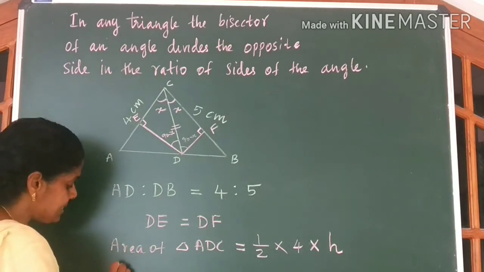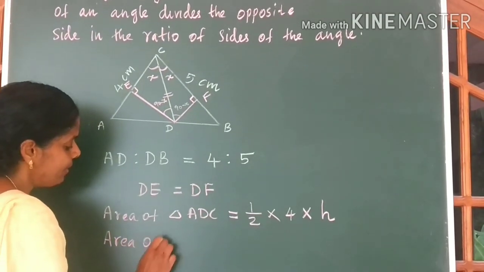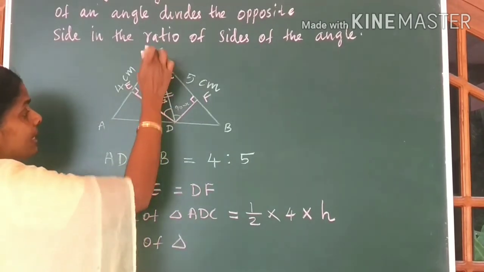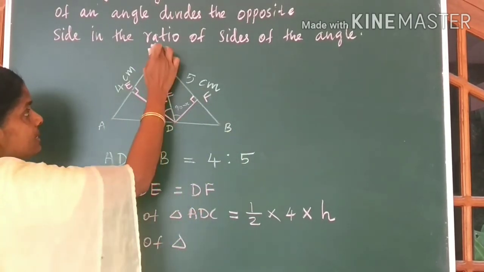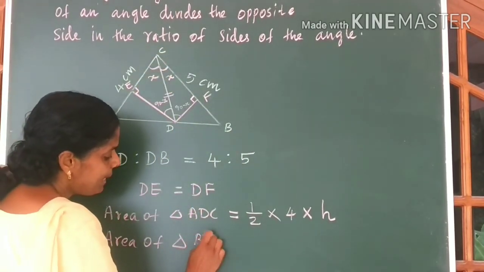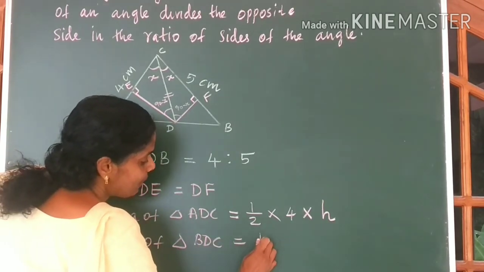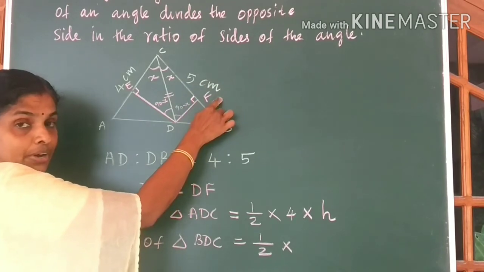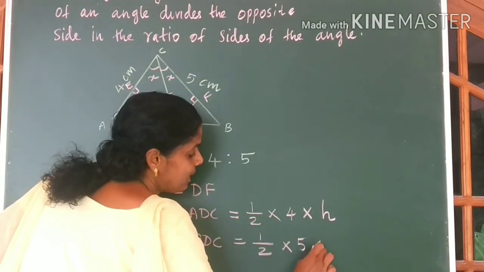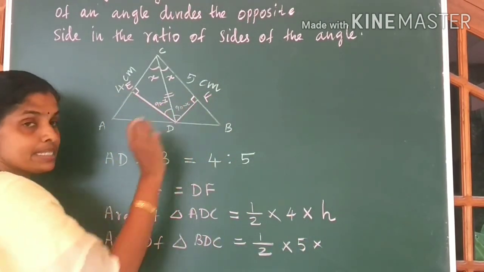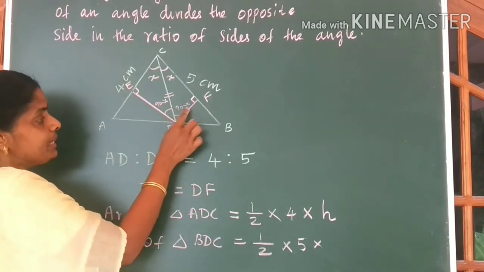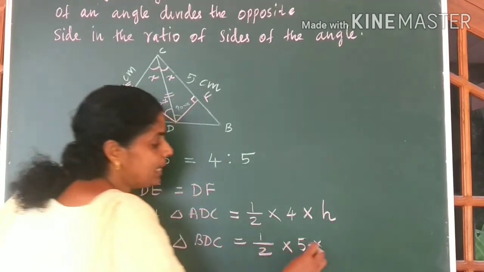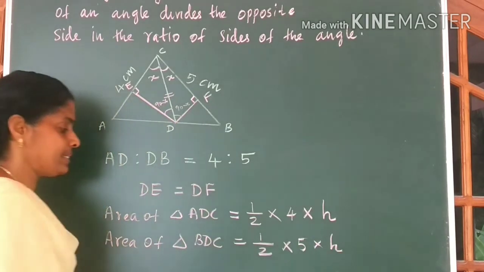Also, let us write the area of triangle BDC. That is equal to half into base, which is 5 for us, so 5 into height, which is the same. We have proved these two heights to be equal, so I wrote H itself.